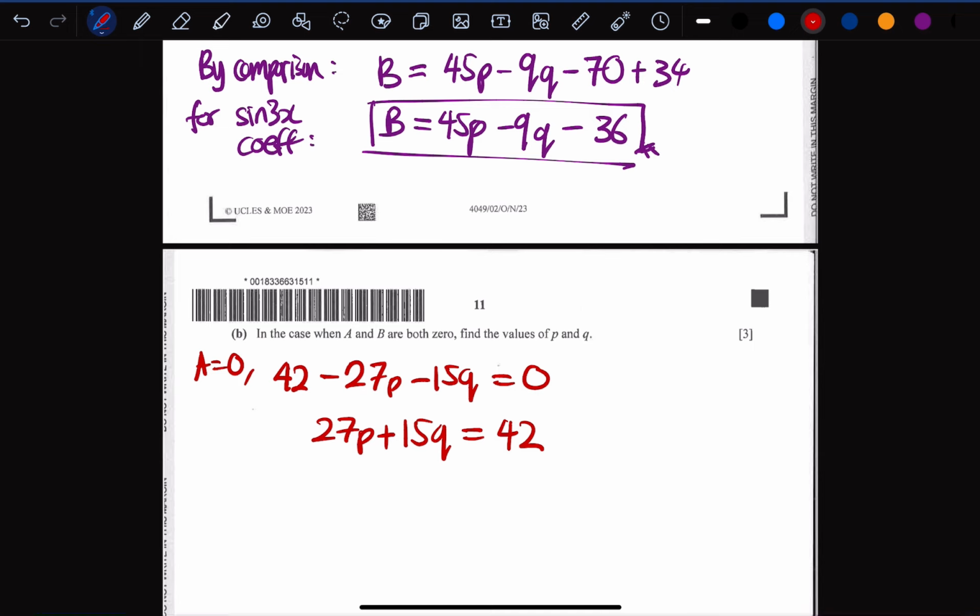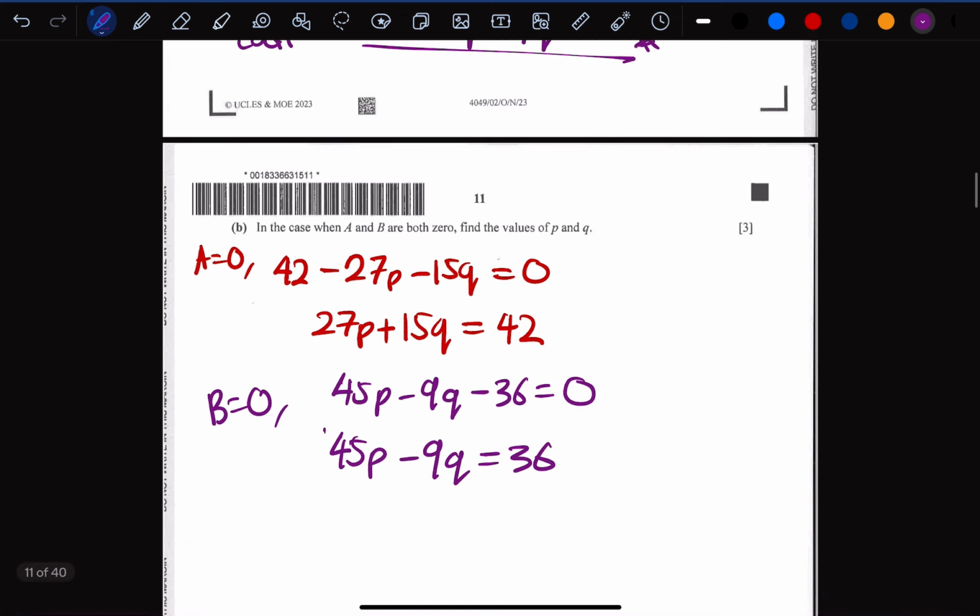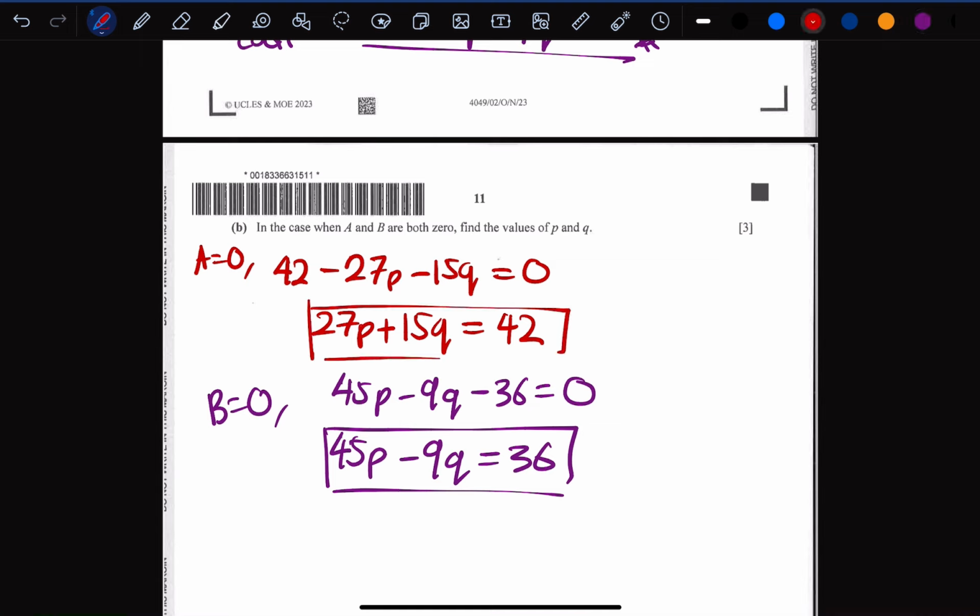Similarly, when b equals 0, then we have 45p minus 9q minus 36 equals 0. So I rearrange this again. When you want to check your answer, check with this as well as this on your calculator. But you still need to show your working for the sake of O-levels.